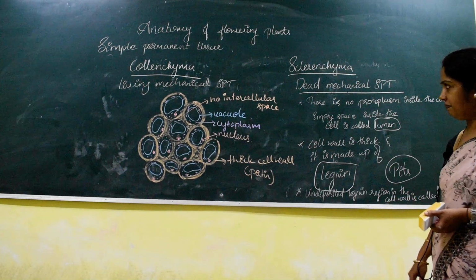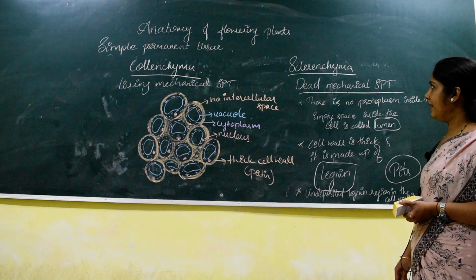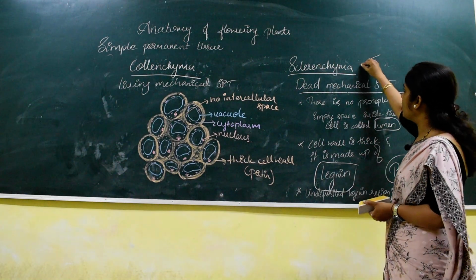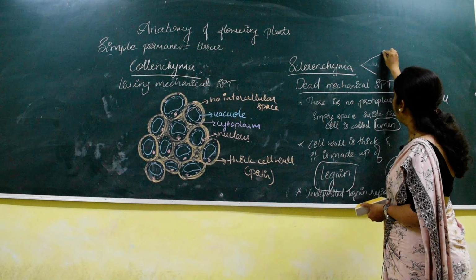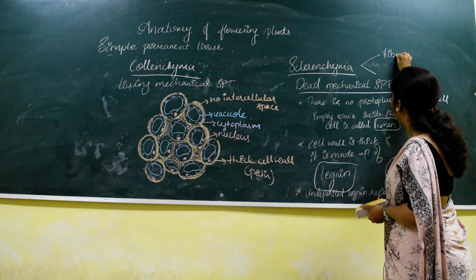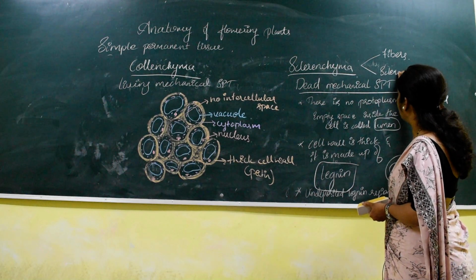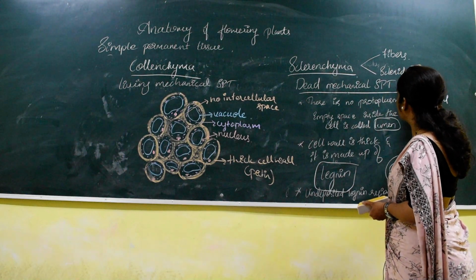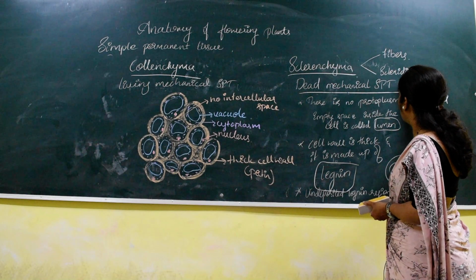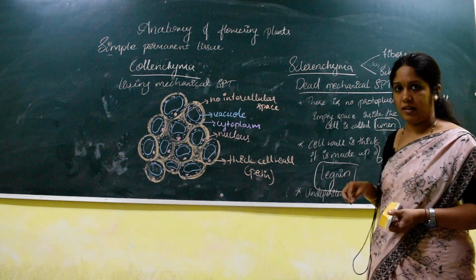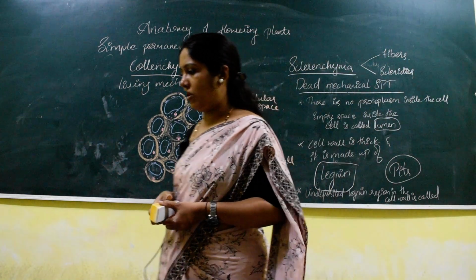So the Sclerenchyma is again divided into two subcategories. One is fibers and the other one is sclerites. Sclerites are also called stone cells, sclerites or stone cells.